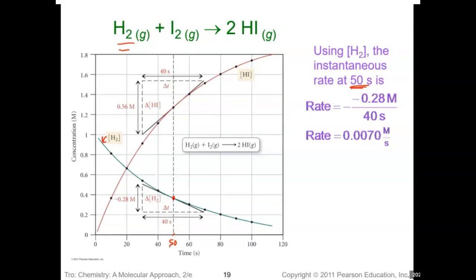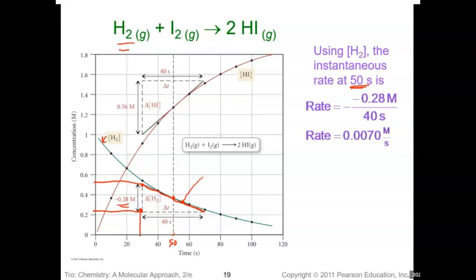So now I take the slope of the tangent line. This is the tangent line, and now I take its slope. Again, you can only do this if you see the graph, because you have to be able to take the slope of a tangent line. The change in my molarity between here and here is 0.28 molar.